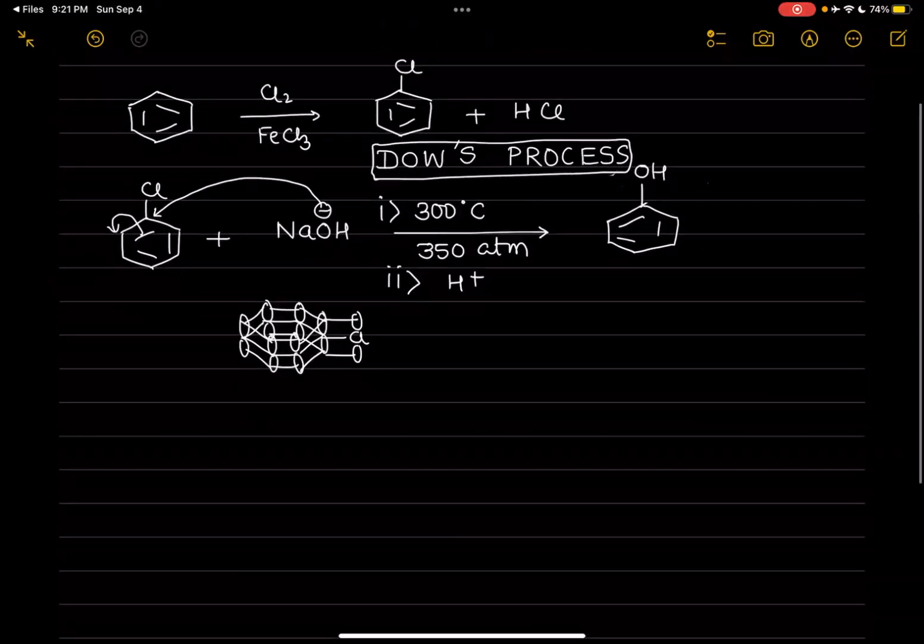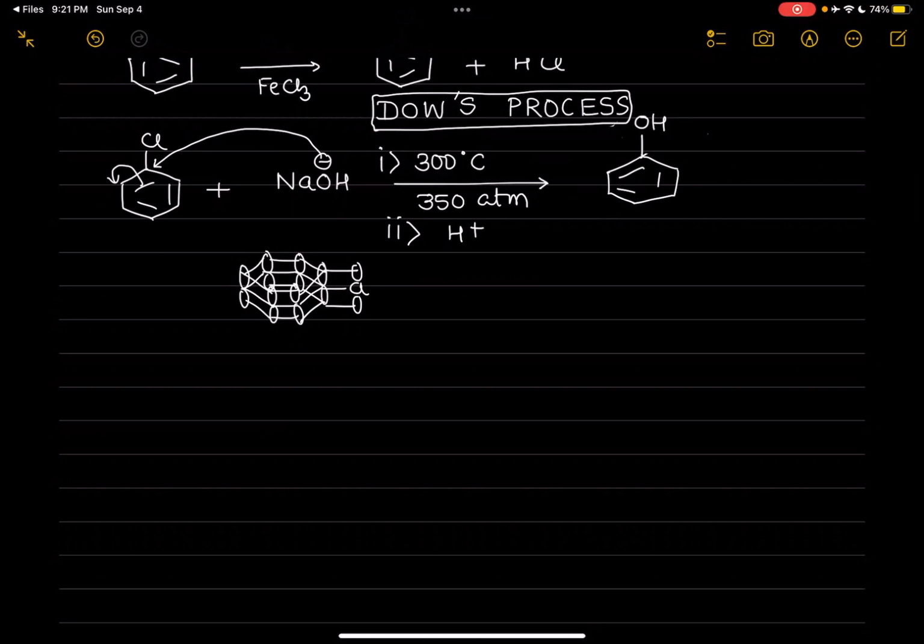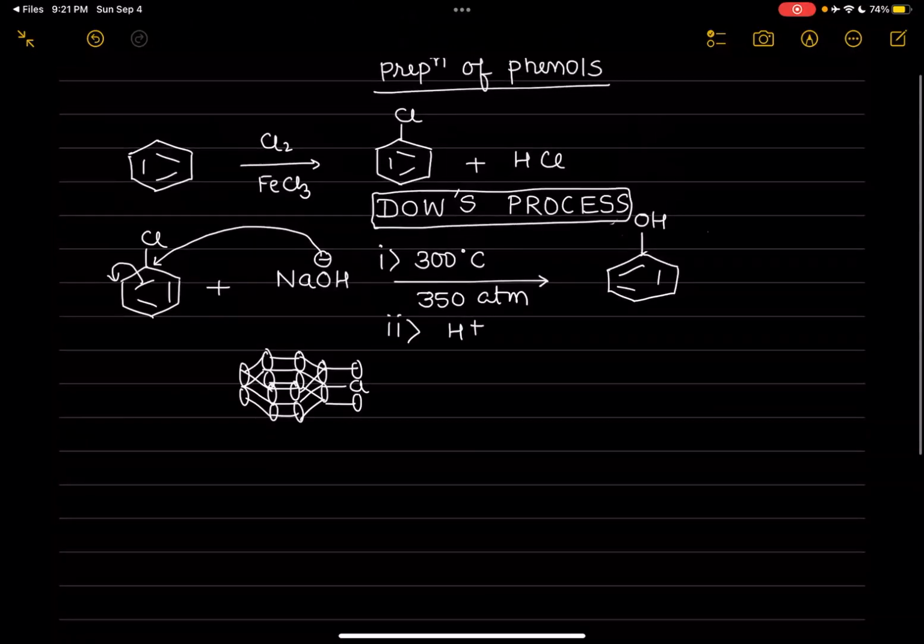It is Dow's process. So it is used to prepare phenol from chlorobenzene. You need very high temperature. But if you have a nitro group attached in ortho and para position, the reaction becomes easier and easier, right? So this is known as nucleophilic aromatic substitution.